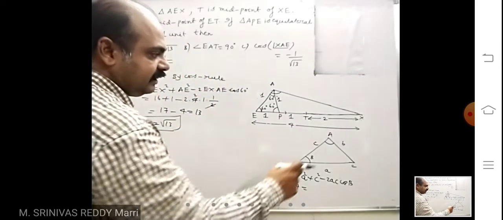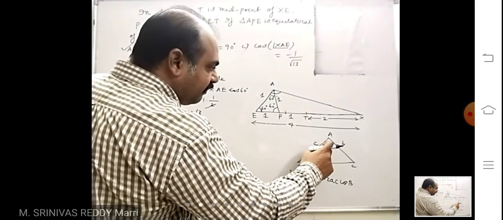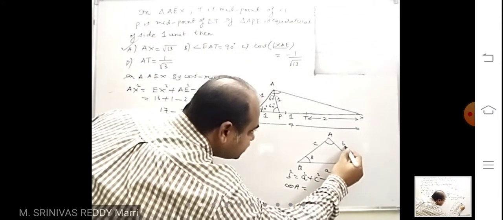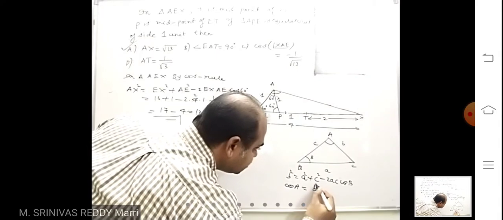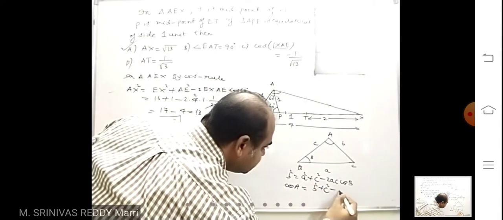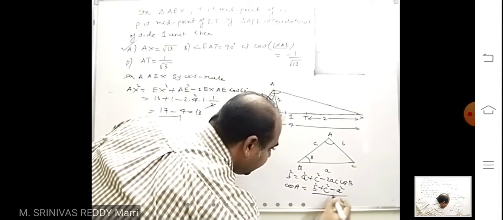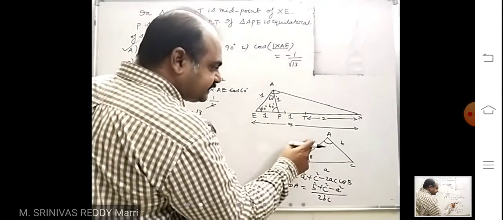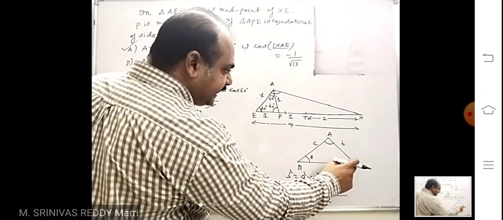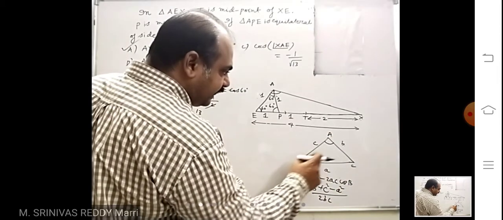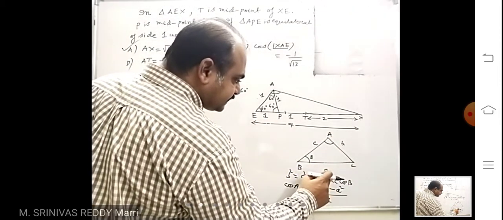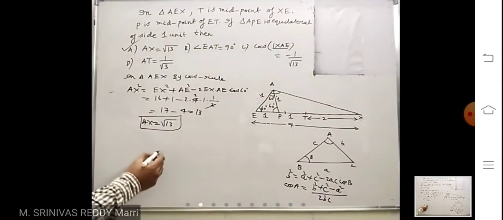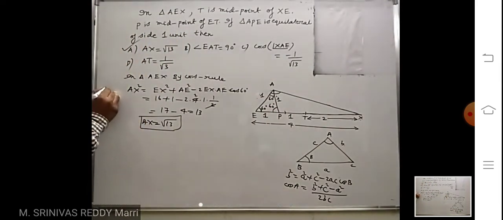The formula is: the included sides square plus square, minus the other side square, divided by 2BC. That is, B square plus C square minus A square divided by 2BC. Similarly, this is option A.